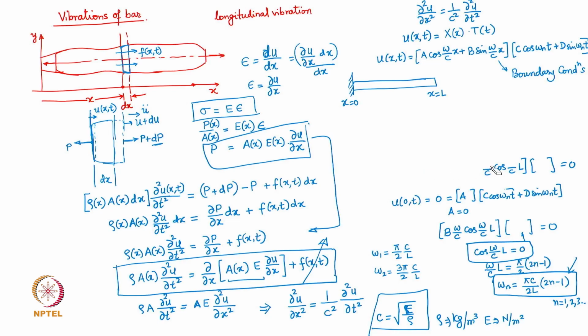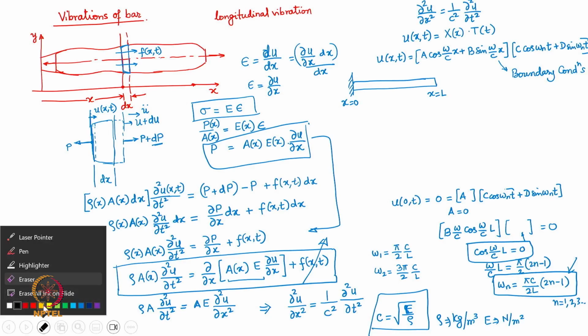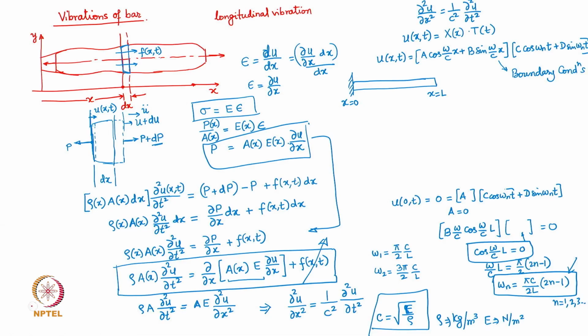Is that clear? So omega 1, omega 2 have been obtained. Now we are looking for how do I get the mode shapes, right? So let's look at how we get the mode shape. u(x,t) is still going to be, see, A has been shown to be 0 and B is non-zero, so the nth mode response is going to be sine(omega_n/c times x).